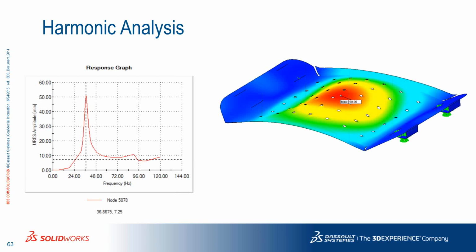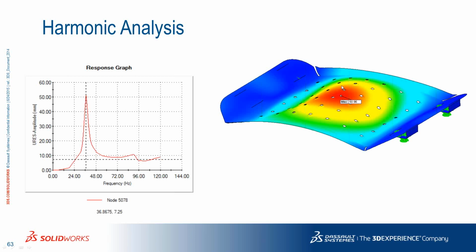But one of the key things of running a harmonic or vibration analysis is being able to look at how the platform is going to shake under multiple frequencies of excitation. Here on this XY chart on the left side, on the x-axis I have the frequencies of excitation, on the y-axis I have the amplitude, and this is showing us, for example, a center location on the platform, which is a lot red over here.